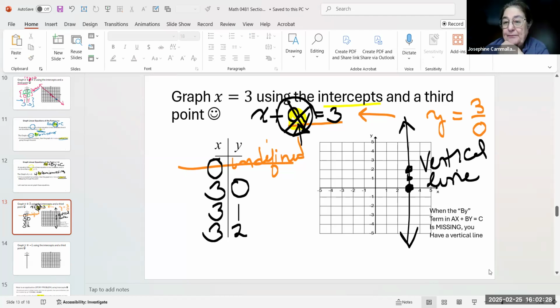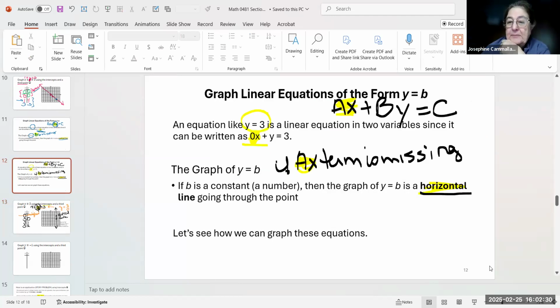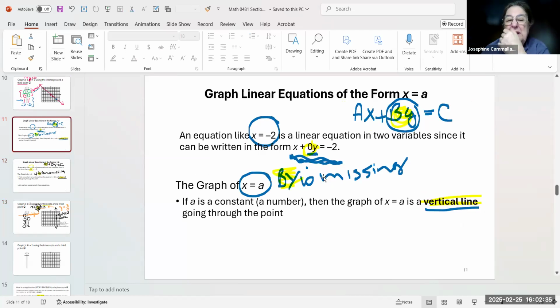We've just proved it. And notice right up here, when the by term is missing, I told you, we have a vertical line.